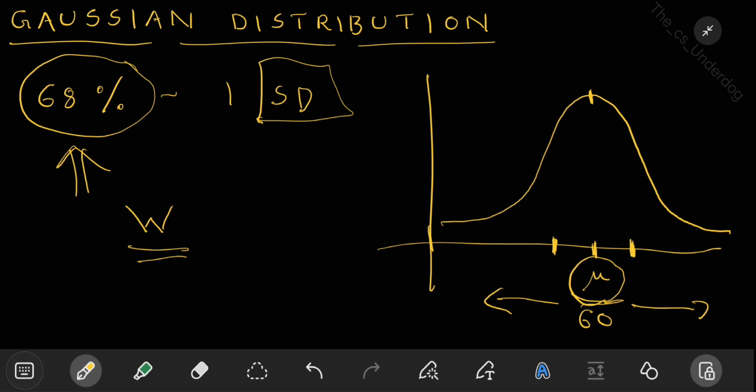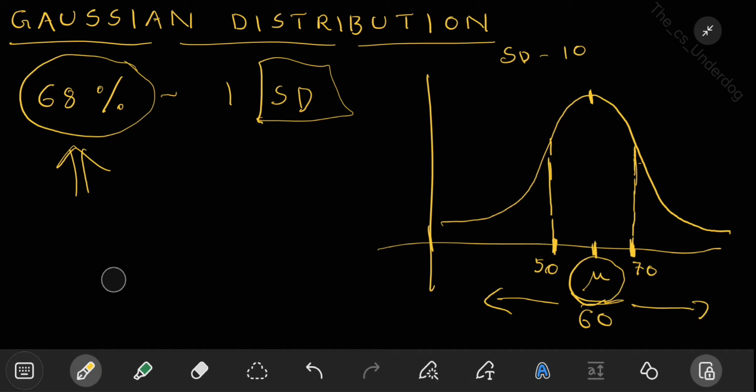Let us say in this particular case, standard deviation is 10 kilograms, which means if I move one standard deviation from the mean towards the right, I'll reach 70 kilograms. If I move towards the left, I'll reach 50 kilograms. So within this range, you should be able to find 68% of total human beings in the world.